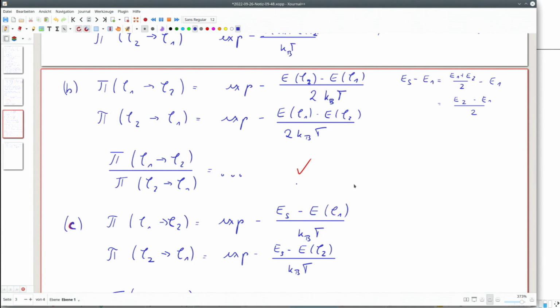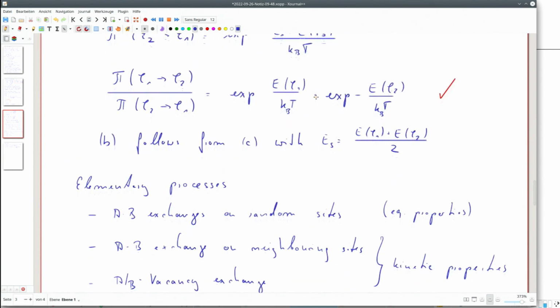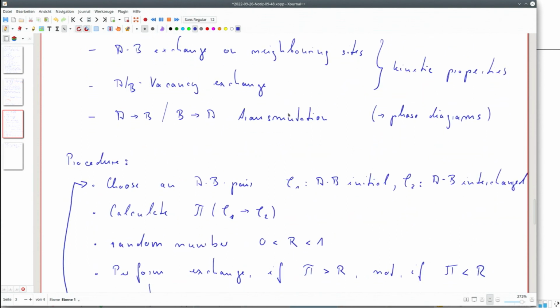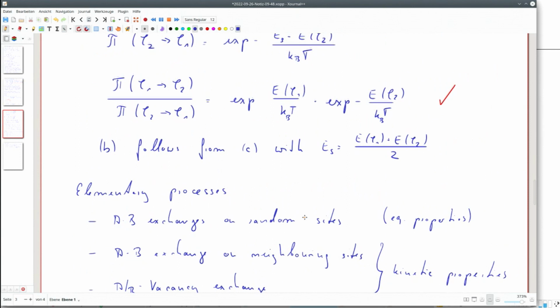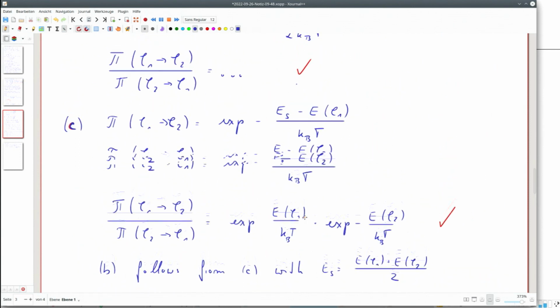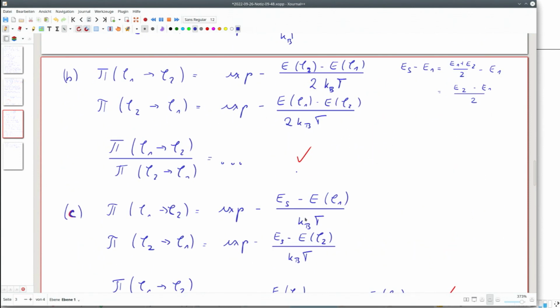By the way, here one has to be a bit careful. I remember that I once made this mistake also, I think. If you do, as I proposed here, you do the exchange if the probability is larger than a random number, and you have random numbers between 0 and 1.